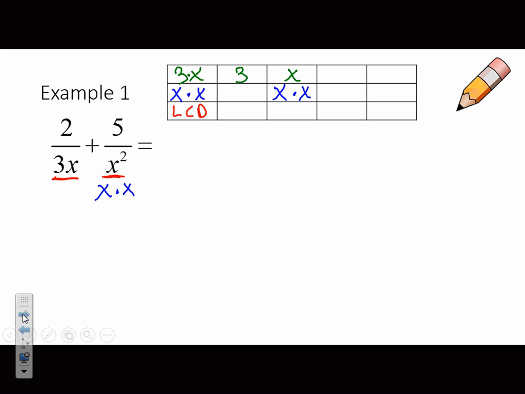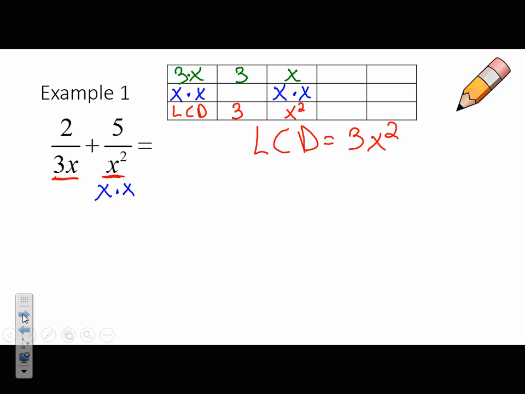Now, to find our least common denominator, we're going to bring everything that we have above down. So I have a 3, and I have 2 x's, so I'm going to have an x squared. So my least common denominator is going to be 3x squared. That's very important. We have to find this first.